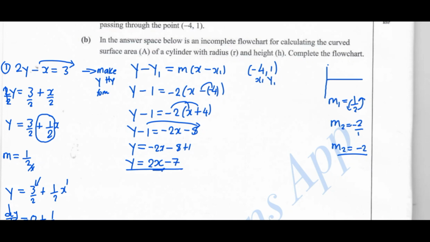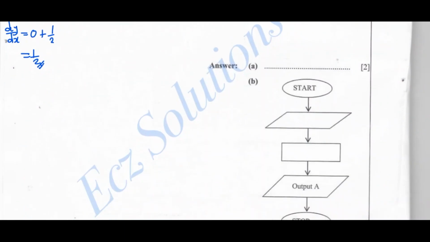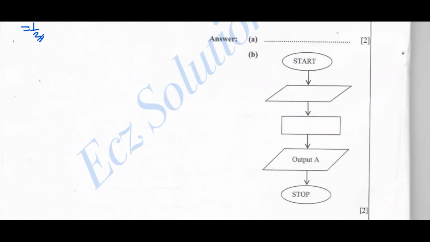Then question B, in this answer space below is an incomplete flowchart for calculating the curved surface area of a cylinder with radius r and height h. Complete the flow chart. So what is the formula for curved surface area of a cylinder? So CSA is equal to 2 pi r h.